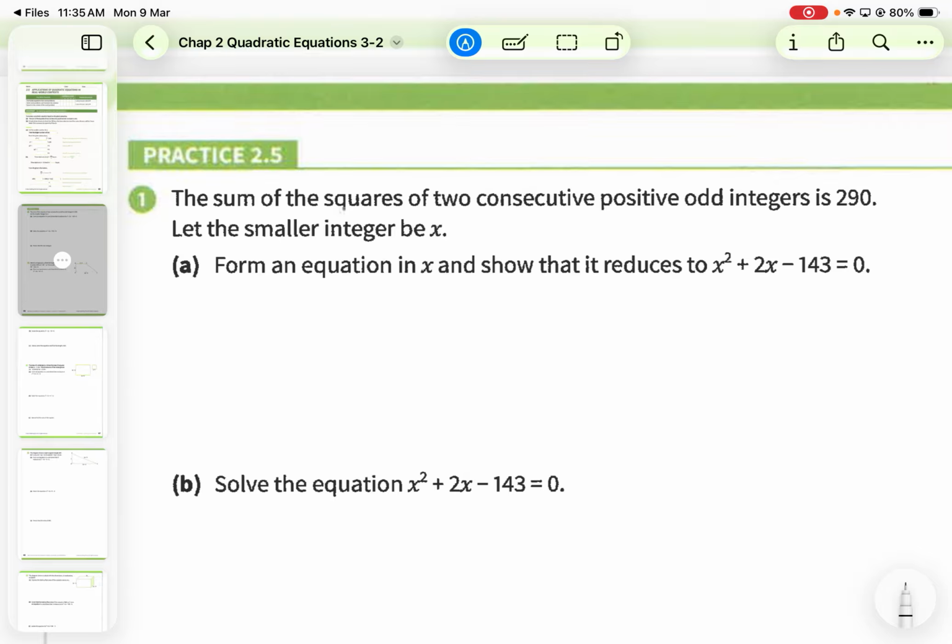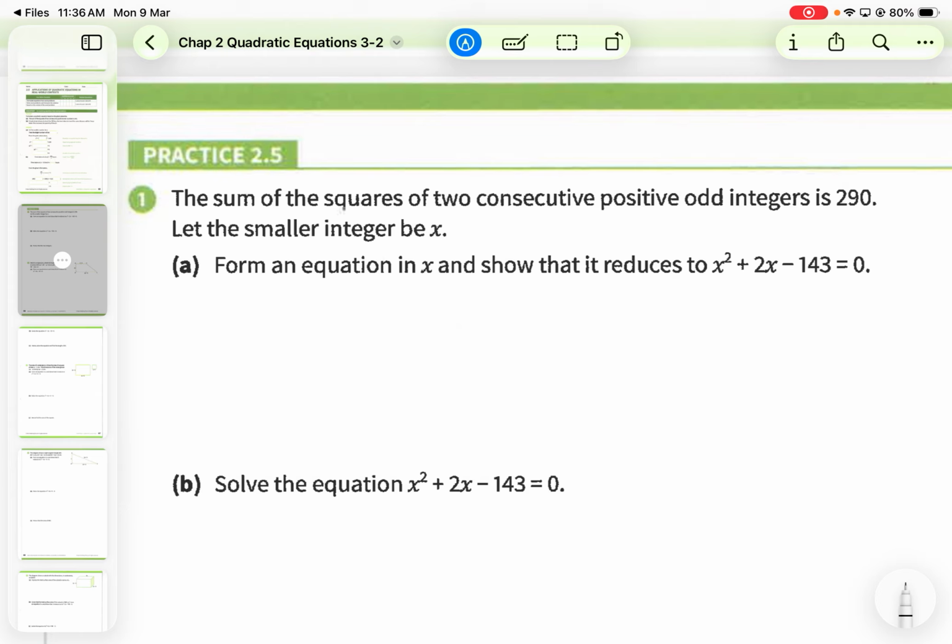If x is 3, the next will be 5. So the difference between x and the next number is always, 1 and 3, 3 and 5, 5 and 7, plus 2. So it's always plus 2.